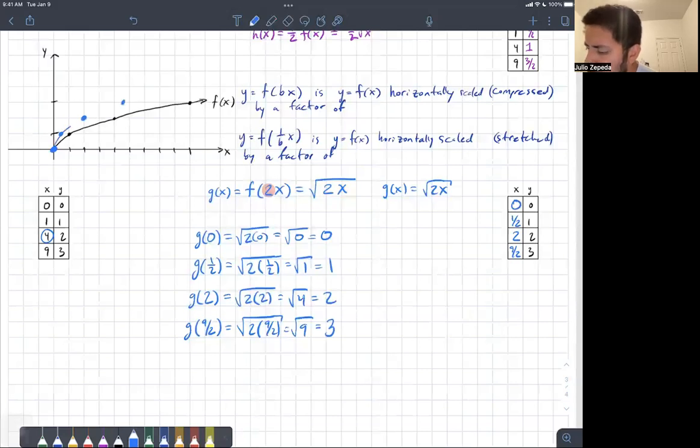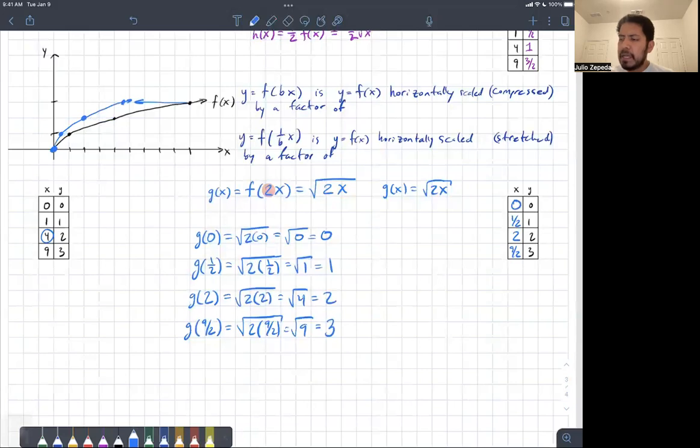So what did this do here? How would we describe that? I'm going to draw arrows here, but the x values, as we saw from the table, the x values were all cut in half.